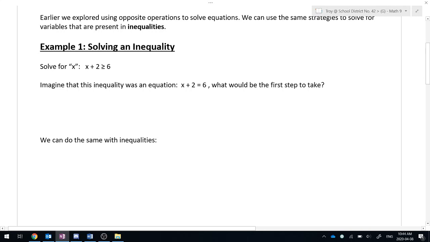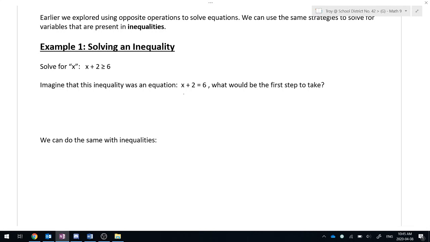And the question I'm asking you here is, what is the first step that we would take to solve this equation? Well, we would look over here on the left, and we'd notice that the x is not by itself. So we would have to use our opposite operation in order to get it by itself. Here we have x plus 2, so the operation attached to the variable is addition, plus 2.